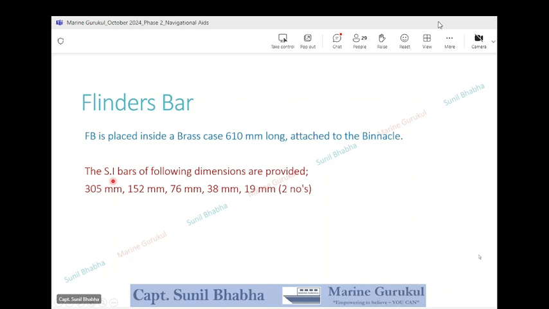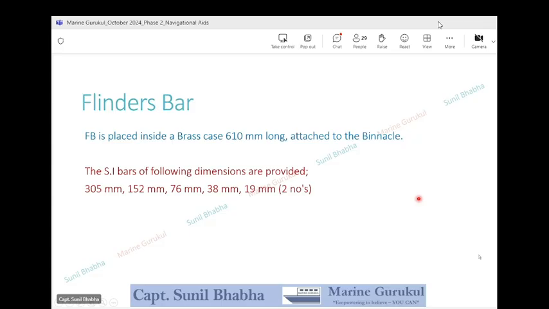So I'll explain to you how this is used. The Flinders bar which is provided is in pieces. The first piece is 305 millimeters. Then the next piece is 152 millimeters. Then we have a piece of 76 millimeters, 38 millimeters, and then two pieces of 19 millimeters, making a total of 610 millimeters.